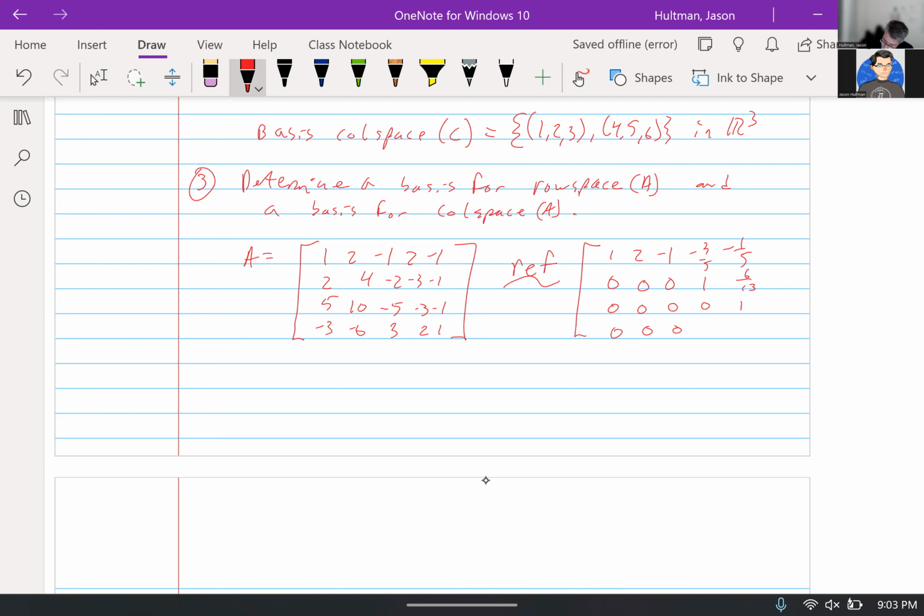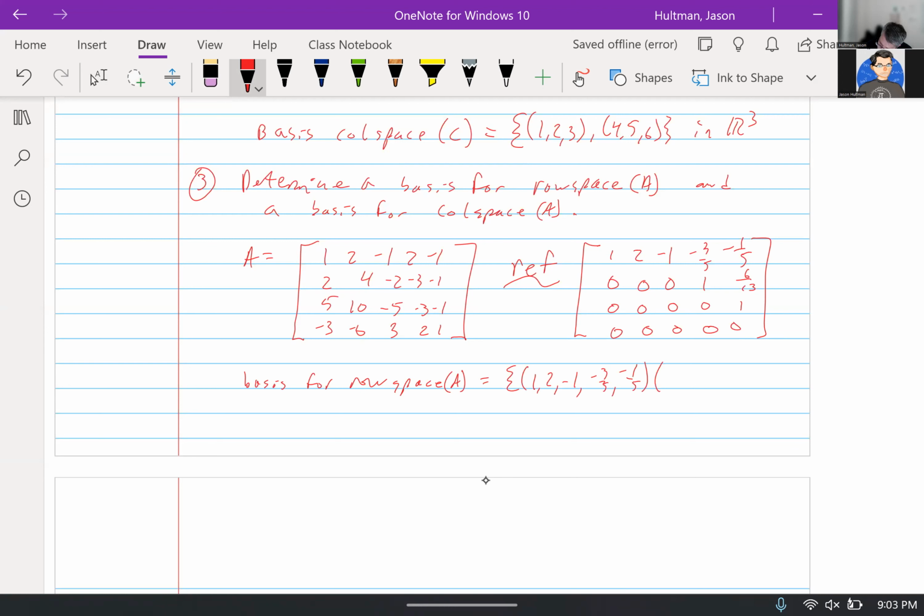So what's the basis for the row space of A? That's going to be my rows that just contain ones, and each of them are going to have five elements or 5 components. 1, 2, -1, -3/5, and -1/5.